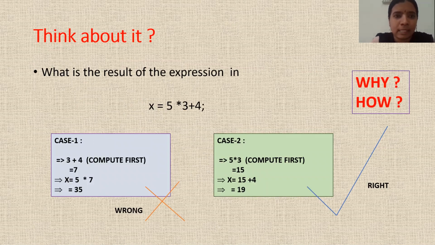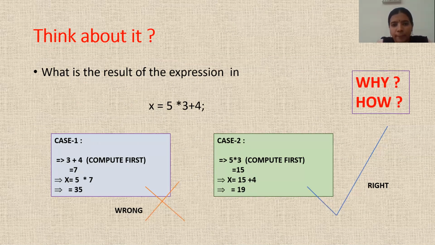Before we go ahead, let's think about it for a while. What do you think is the answer for x is equal to 5 into 3 plus 4? Someone says 5 into 3 is evaluated first, so it is 15, plus 4 is 19, so the answer is 19. But can I say I will do 3 plus 4 first, which becomes 7, and then 5 into 7, which becomes 35? Which answer is correct?